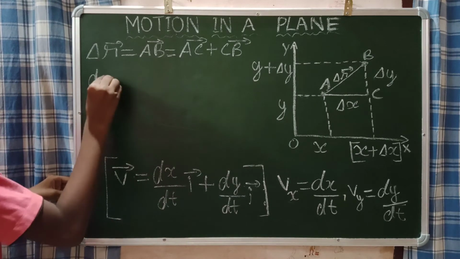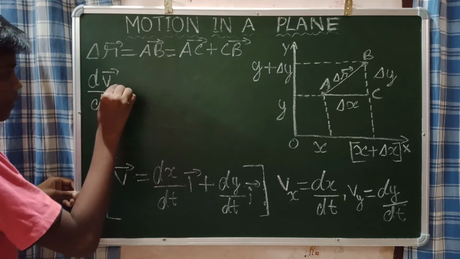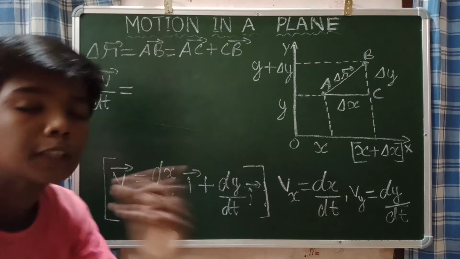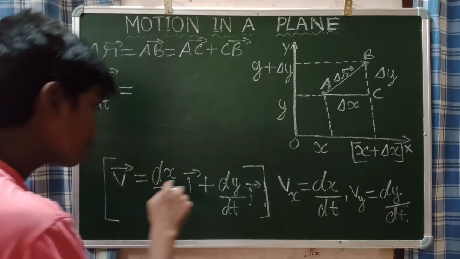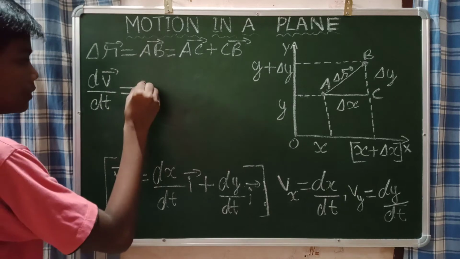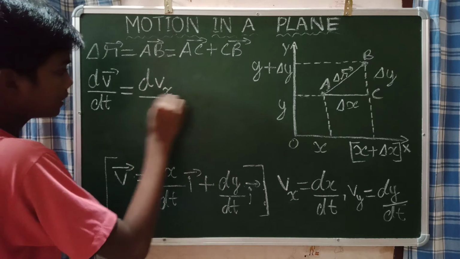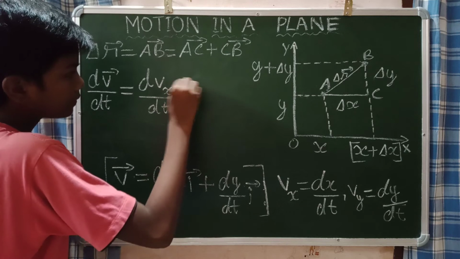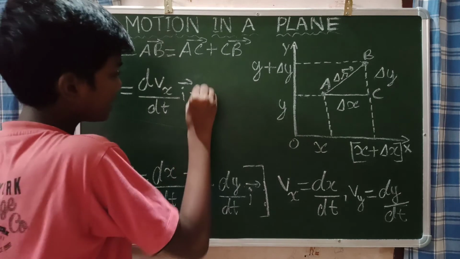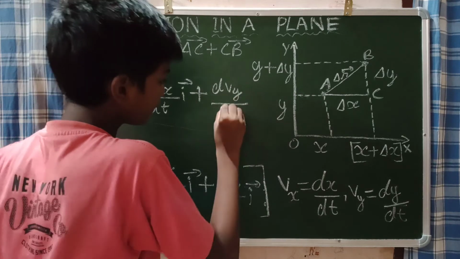That will be equal to dv vector divided by dt, which is equal to, when you differentiate this dx by dt i unit vector with time, see carefully, dvx divided by dt i unit vector, and when you differentiate this dy by dt j unit vector with respect to time, you will get dvy divided by dt j unit vector.